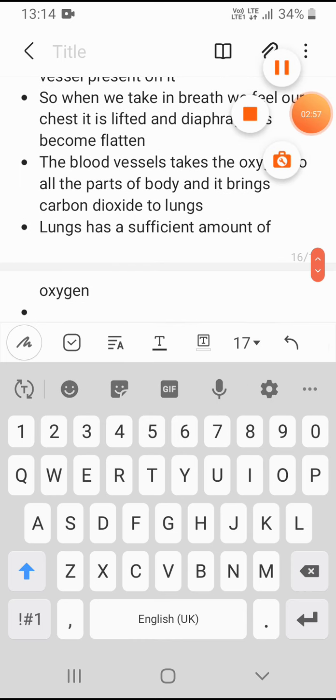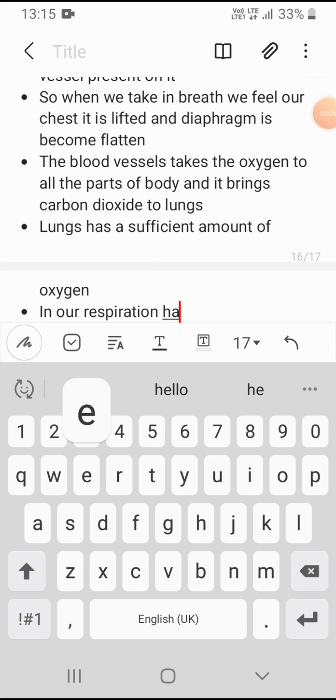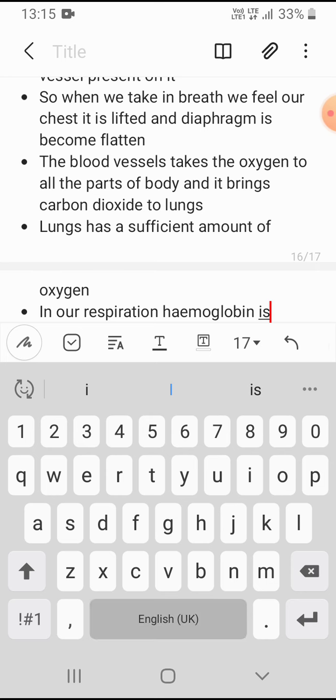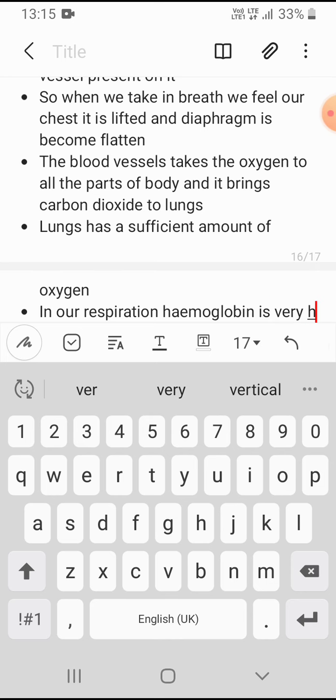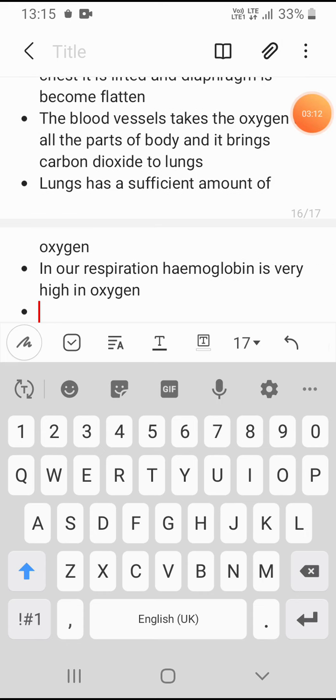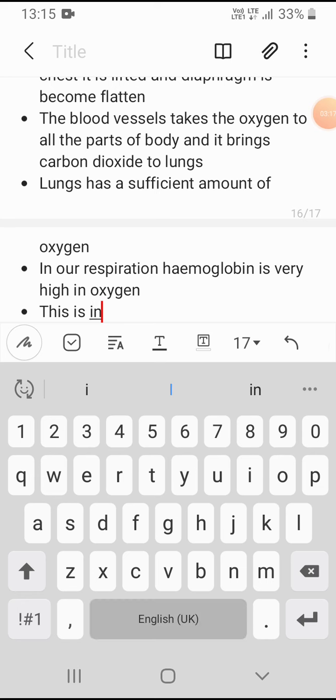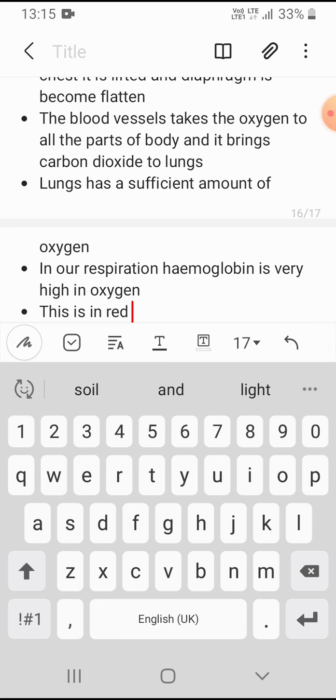In our respiration, hemoglobin is very high in oxygen. This is in the red blood cell.